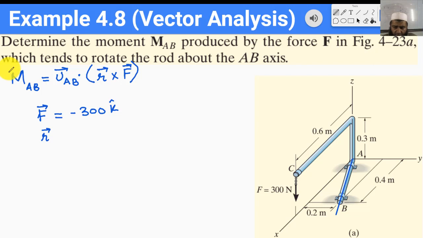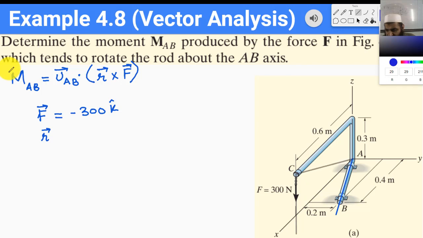So next thing we want to write is the r vector, and to simplify our life, we know that we can use any position vector along the line of action of the force. We know that the line of action of this force is this line from this point A all the way downwards. Normally, we would have been using this vector AC, but rather than using this vector, we can simply use this vector, which I'm going to draw.